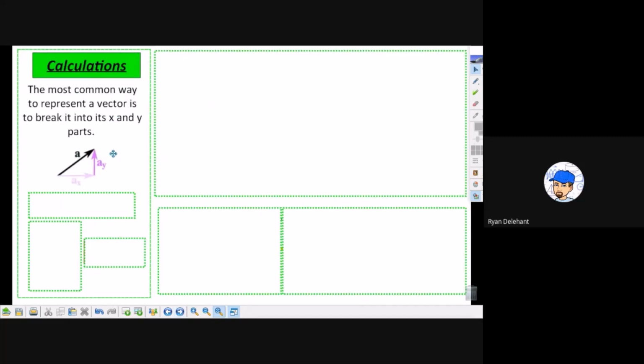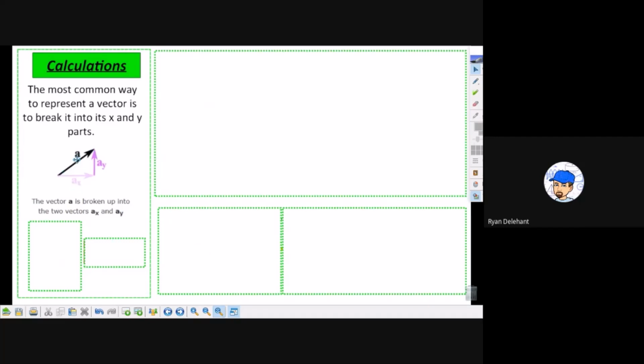So the easiest way to represent a vector, normal way, would be to break it into its X and Y parts. So which way on the coordinate plane does X go? It goes left and right. Which way does Y go? It goes up and down. It actually will help us preserve our distance, our magnitude of our vector, and it'll help us preserve our angle.